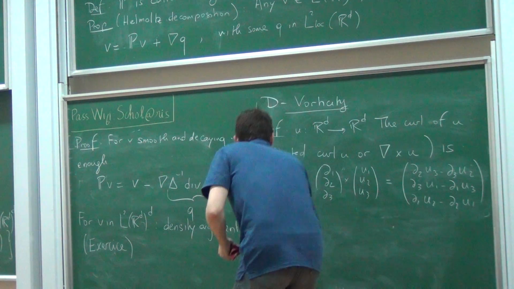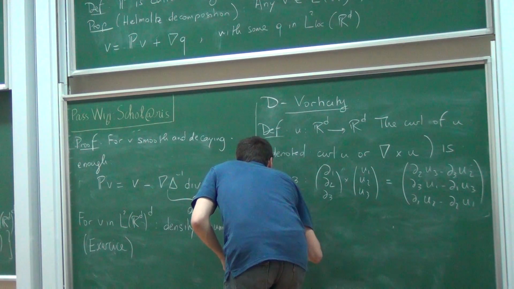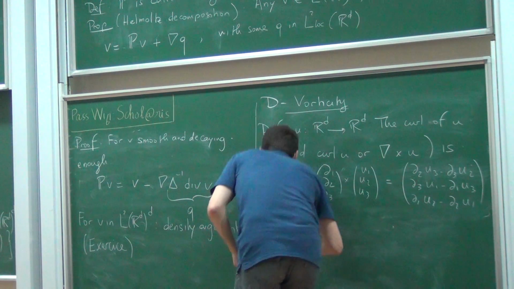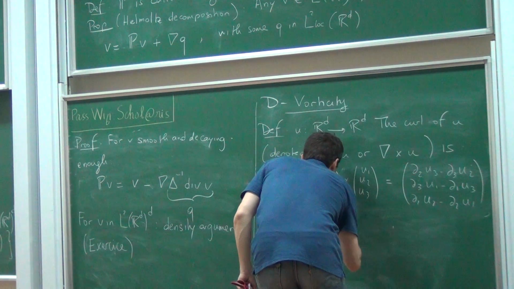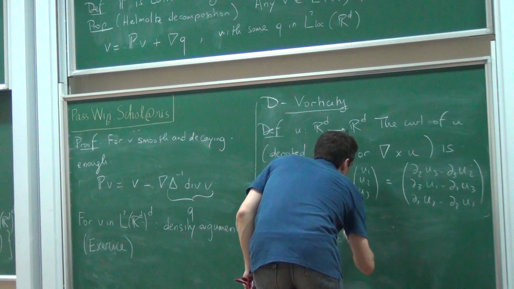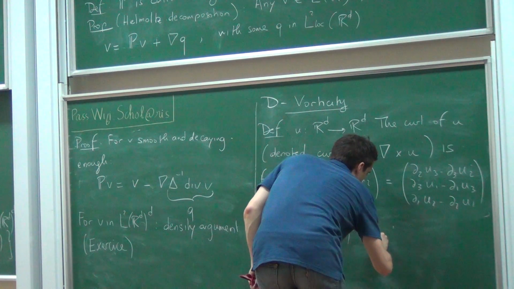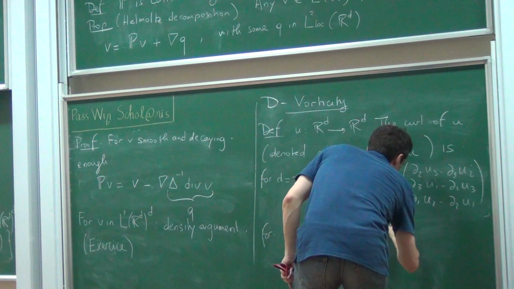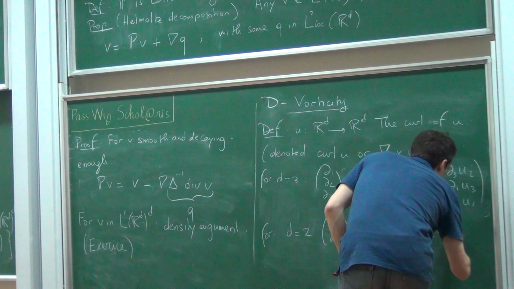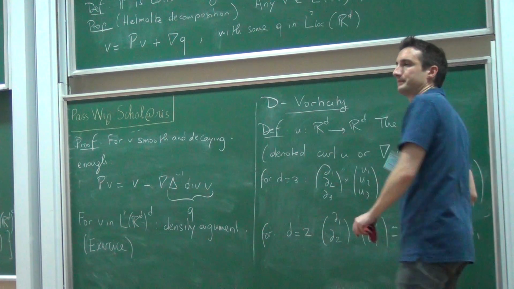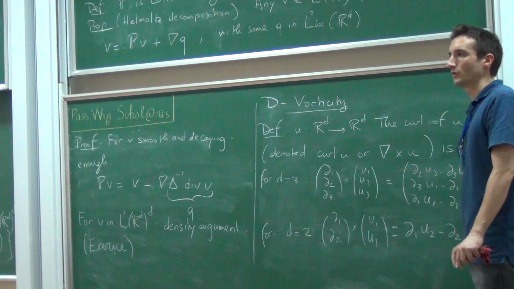For d equal 2, what we call the curl will be a scalar function, which is d1 U2 minus d2 U1.